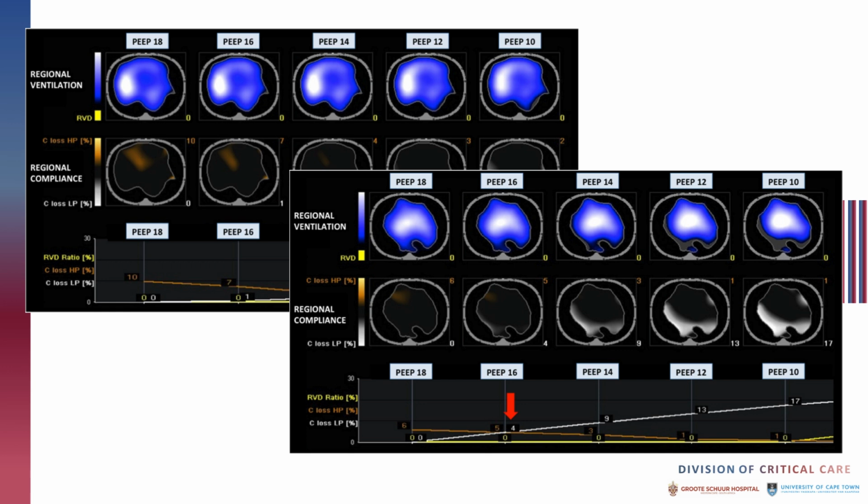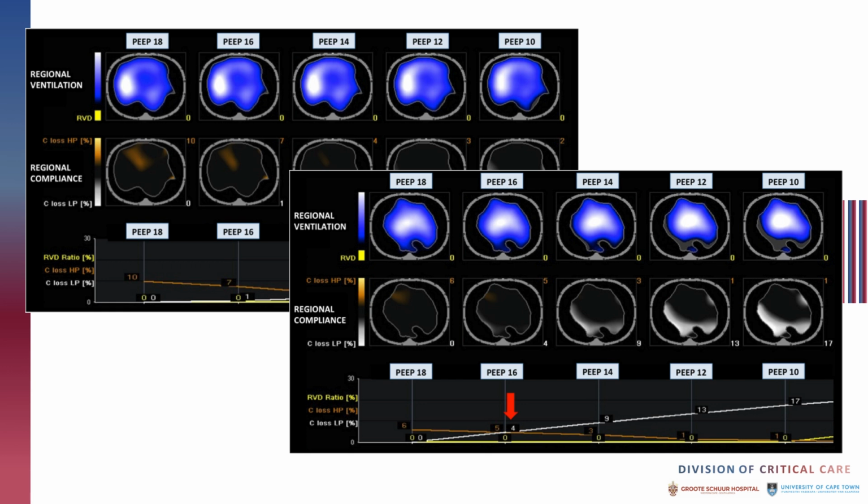And you can see that this is a patient who's supine, so that's posterior, that's anterior. We often see a bit of dropout on the left side because that's where the mediastinum and the left heart tend to impair lung expansion.